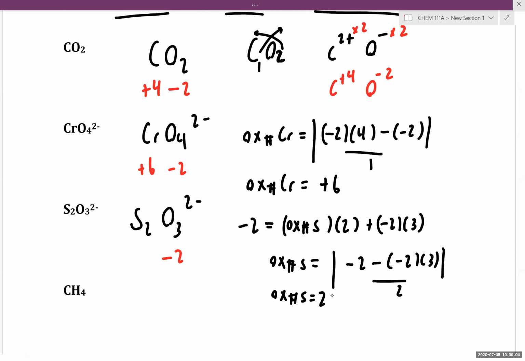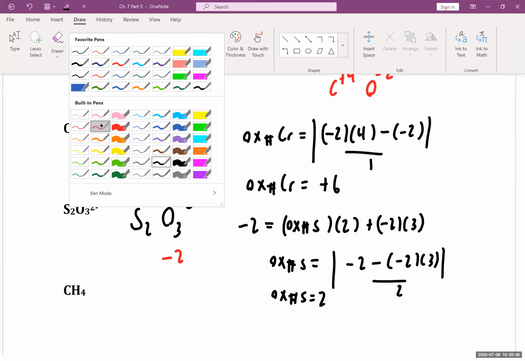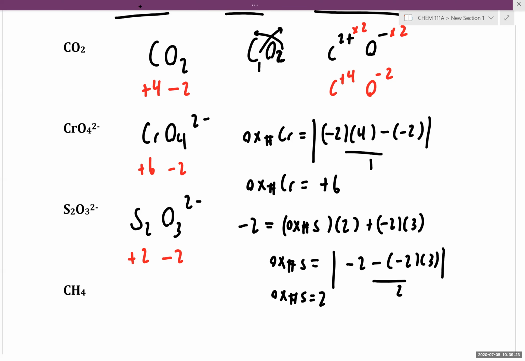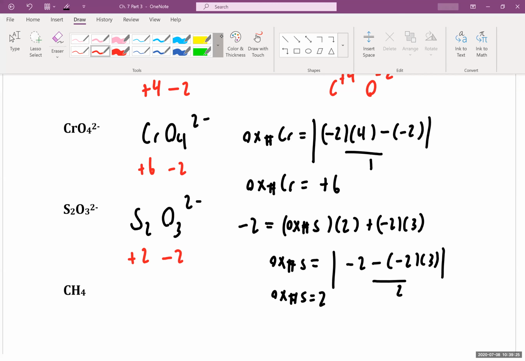Okay, so our oxidation number for sulfur is +2. Any questions on this example? Is everyone feeling a little more comfortable? Does everyone understand what the equation represents? Okay, perfect.